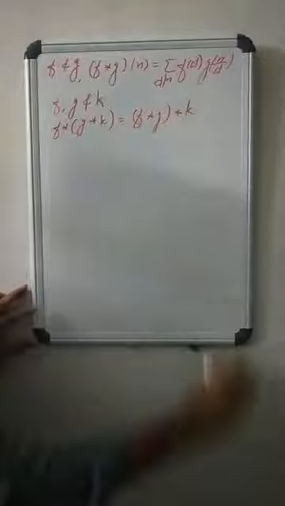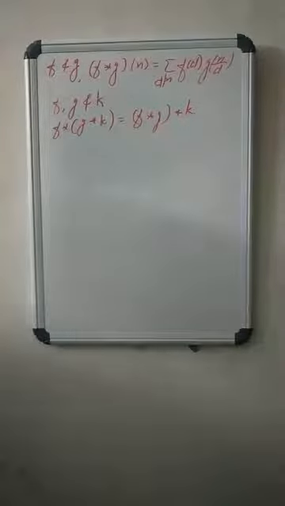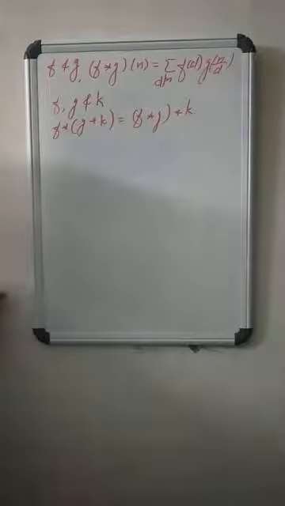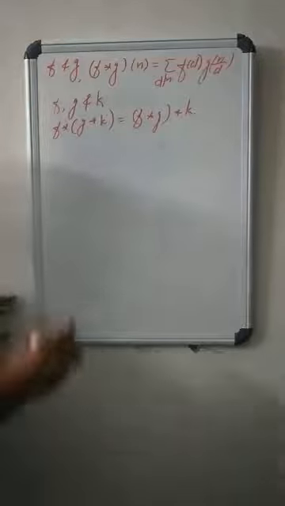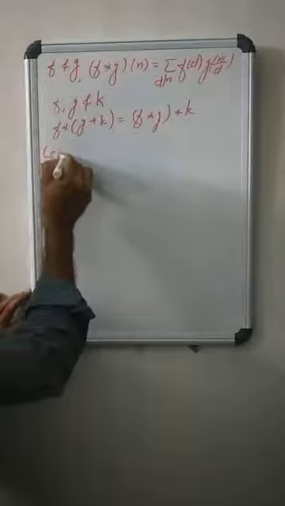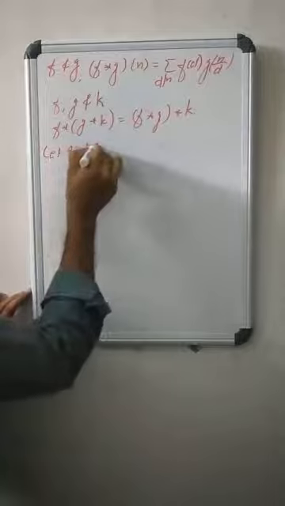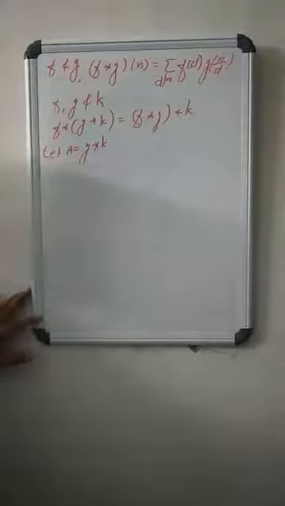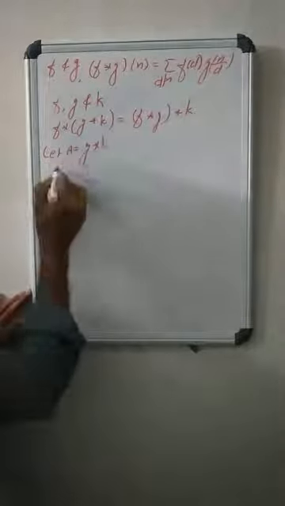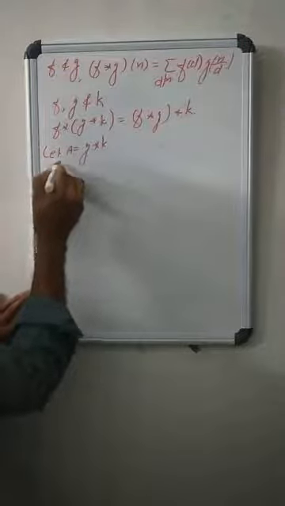This is the requirement. Coming to the first one, let a equals g star k. So what about f star (g star k)?